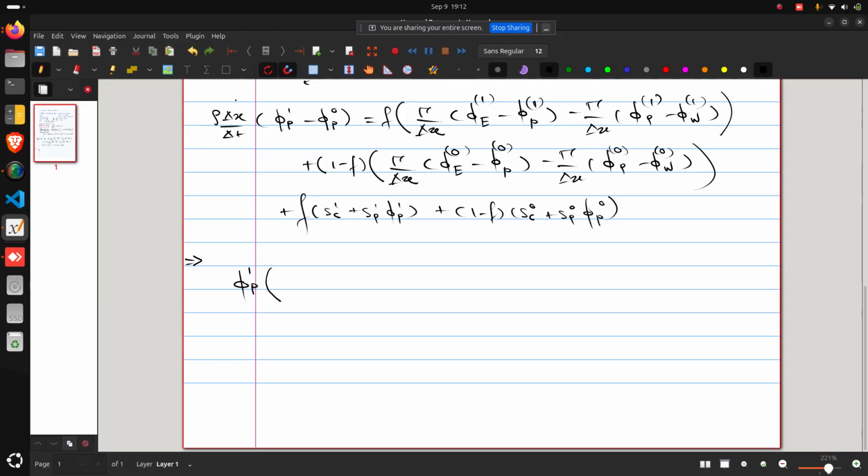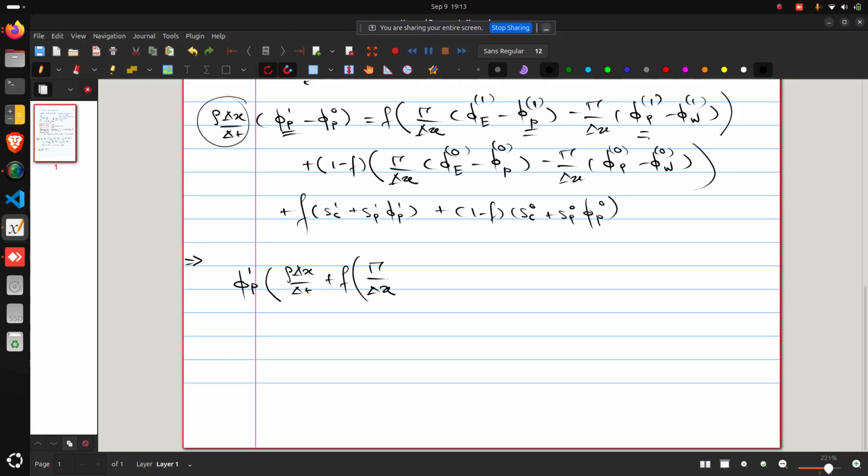The first one will be rho delta x by delta t. Then we have this term, which will be plus f times gamma by delta x.